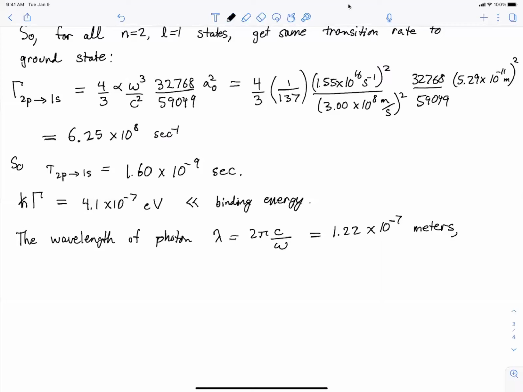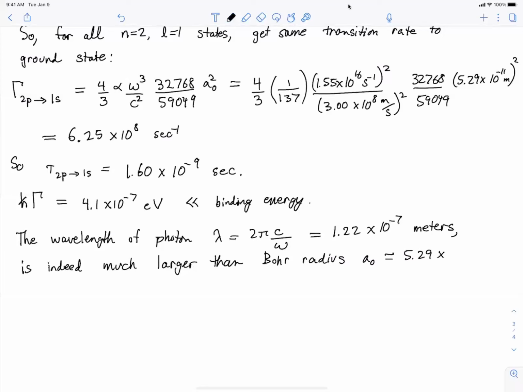And that's a small number, but it's actually large, because the thing we should be comparing it to is the Bohr radius. So this is indeed much larger than the Bohr radius, because the Bohr radius is 5.29 times 10 to the minus 11 meters.